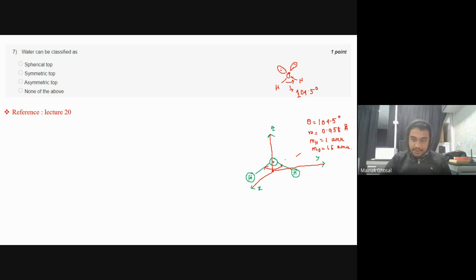Now if you are going to calculate it, you need to calculate separately what Iz is and what Iy is, and from that Ix would be calculated as Iy plus Iz. Iy and Iz are the moments of inertia on different axes. When you are calculating the moment of inertia along the z axis, the oxygen atom falls on this axis, so it will not be considered in the moment of inertia calculation.